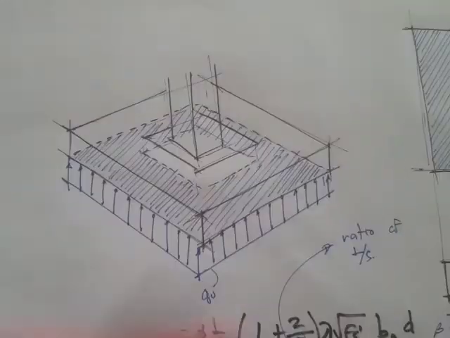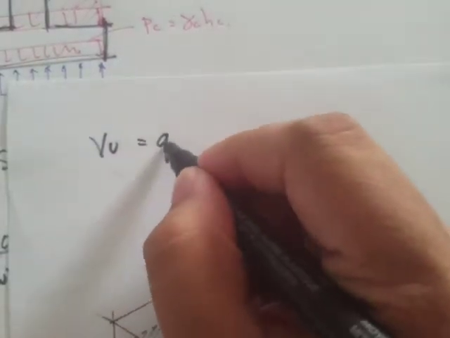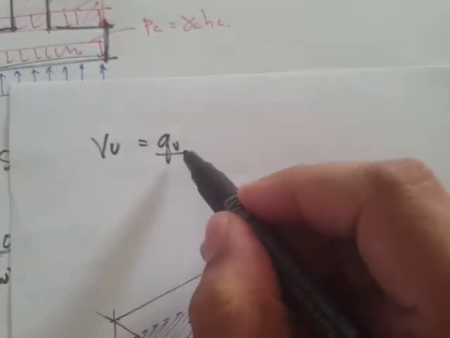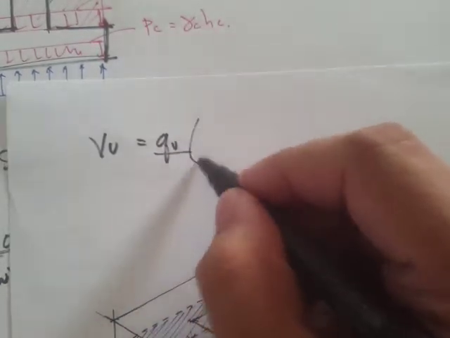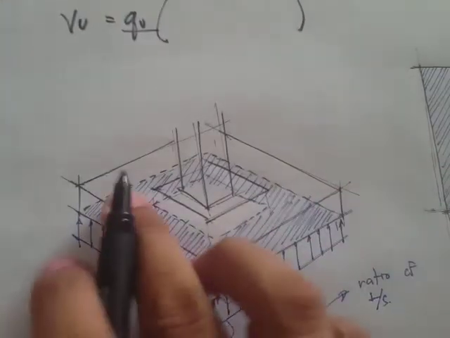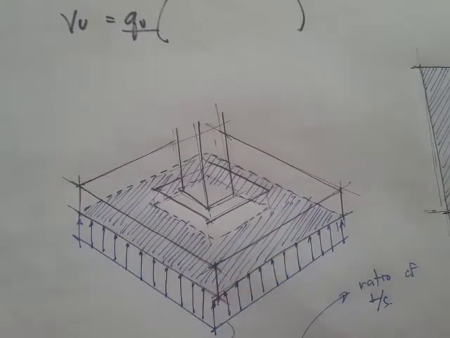Now for the load side, the factored load is equal to the factored soil pressure times the area. So what is this shaded area?